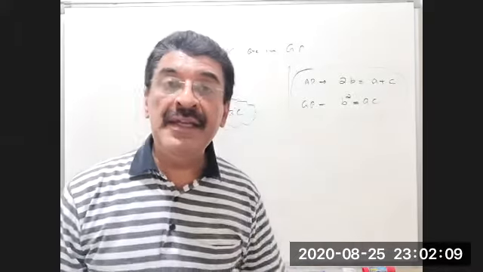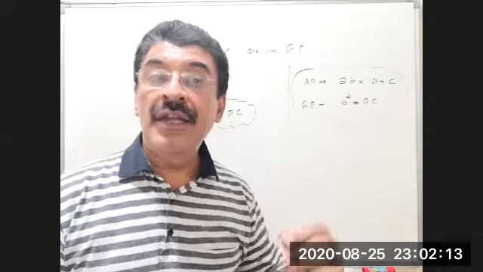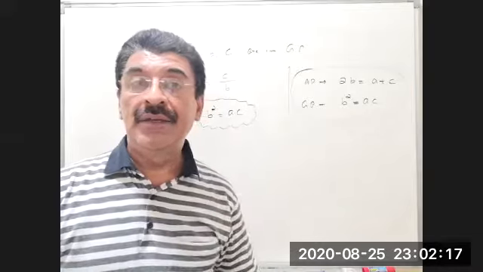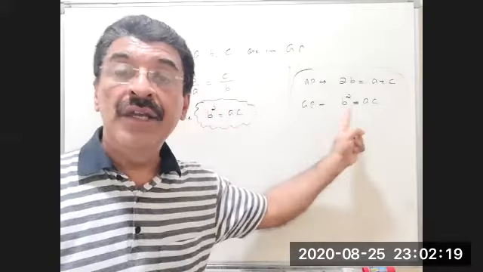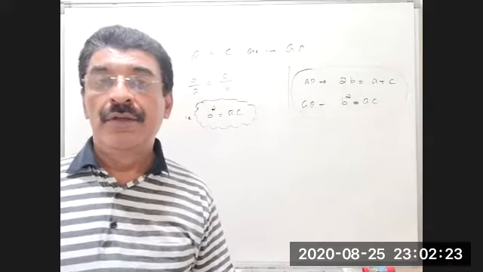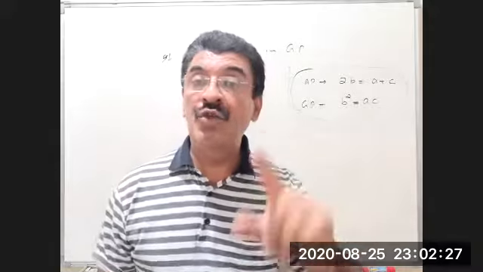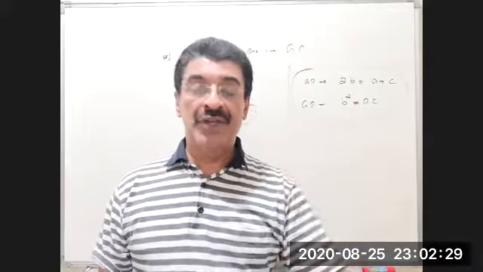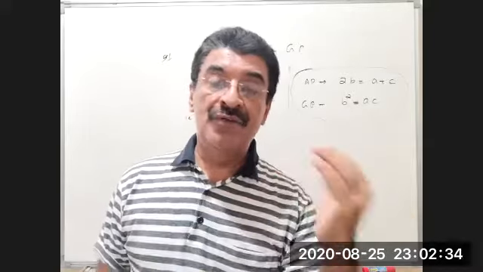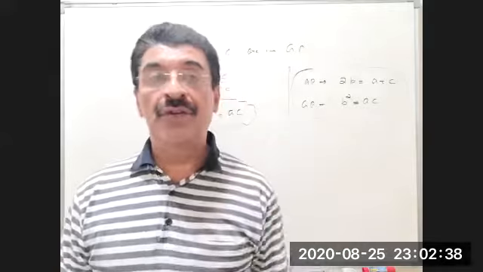In the case of GP, square of mean is the product of extremes. So AP, twice of mean is sum of extremes. For GP, square of mean is product of extremes.